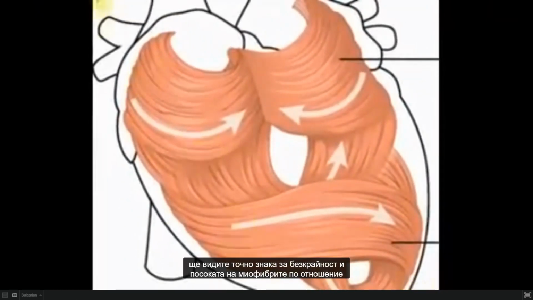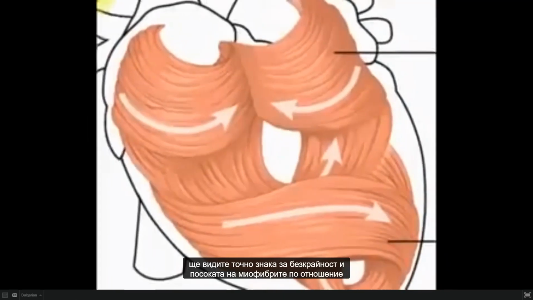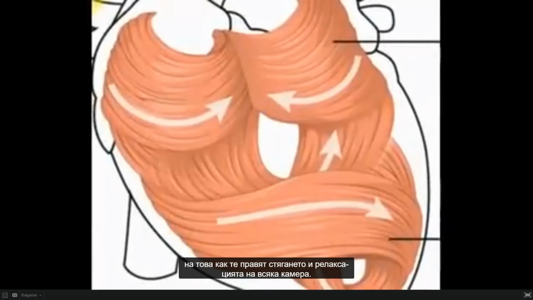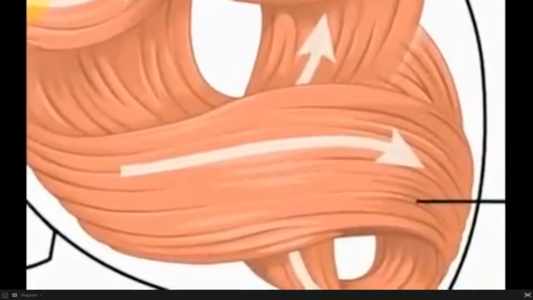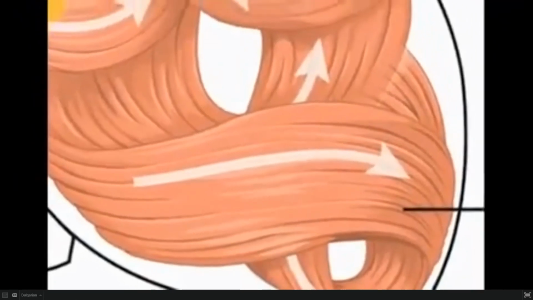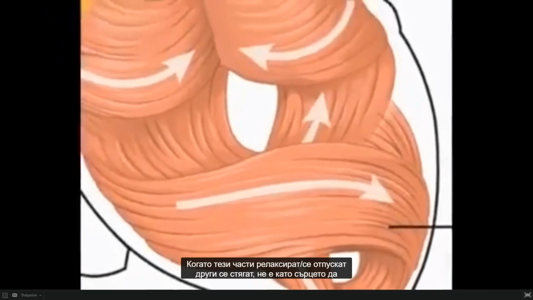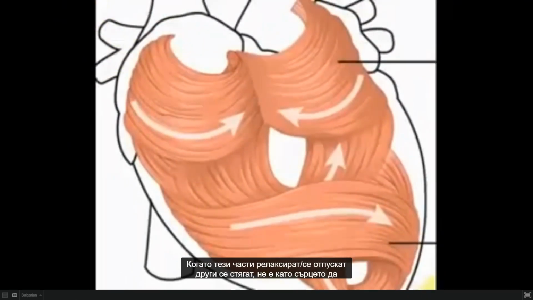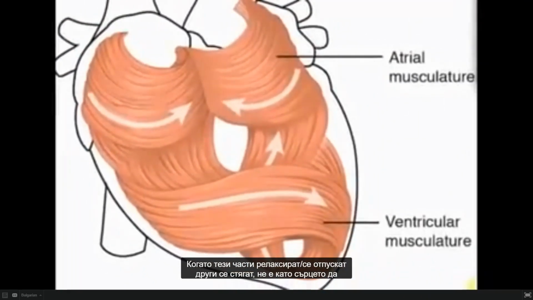The direction of the myofibers relates to how they make the contraction and relaxation of each chamber, like the atriums and ventricles. And when one part relaxes, the other part contracts. This is a synchronic movement.